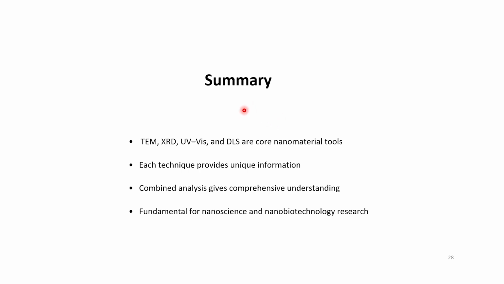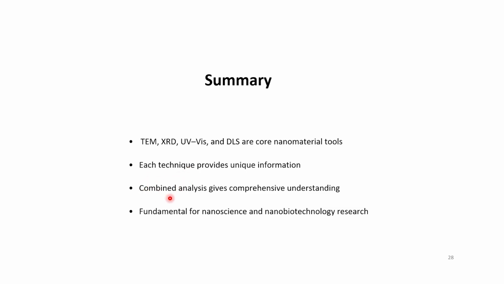Zeta potential was telling you about the charge of your particle, and FTIR was telling you about the functional groups present on the surface of your material. So each technique was providing unique information, and there are also plenty of other techniques that we can study in detail, and they provide unique information about your nanomaterial.